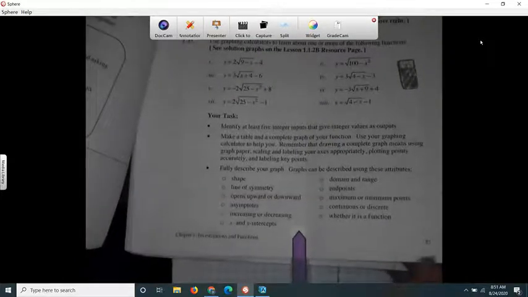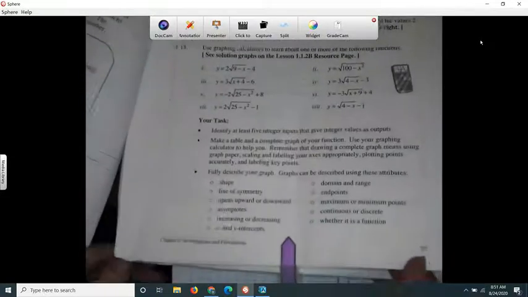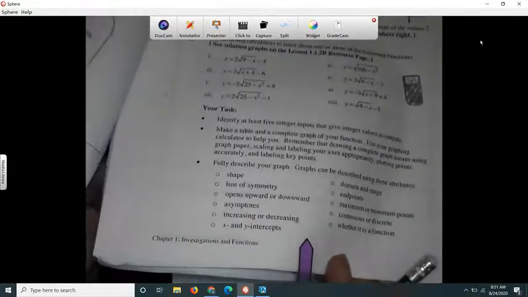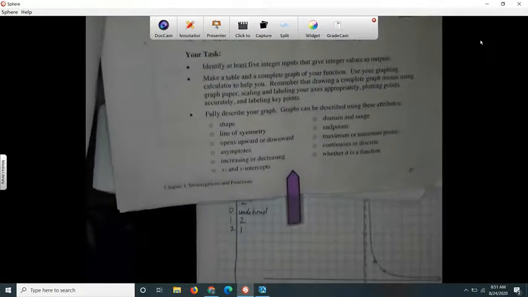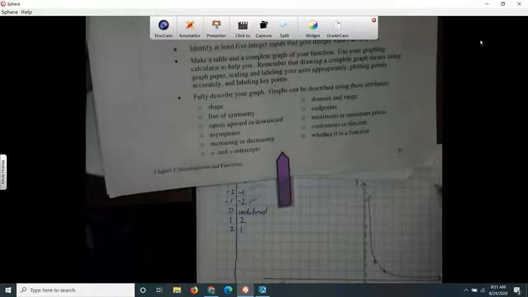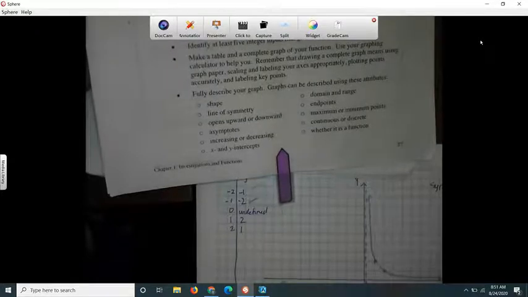And so I want to answer some of these questions, like the shape. I'm going to say something about a line of symmetry. I'm going to say there's symmetry about the origin.